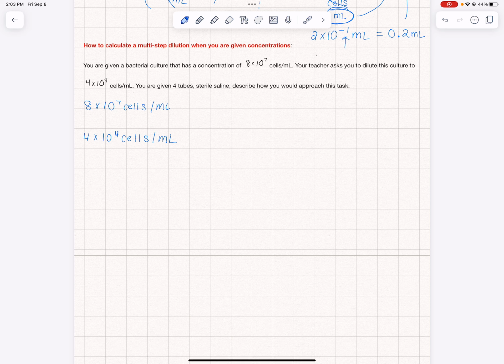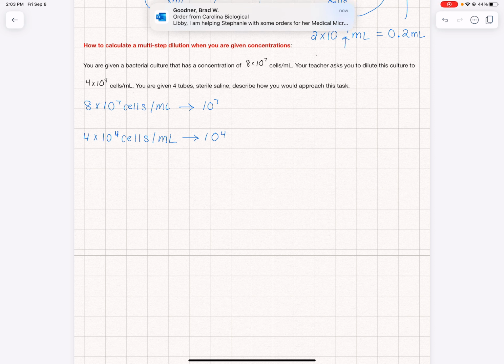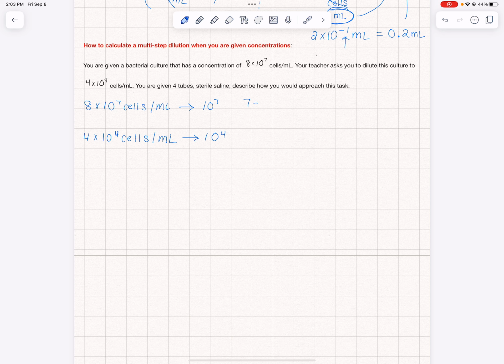So we have our starting concentration being 10 to the 7th, and then we have our final concentration being 10 to the 4th. Now, what I'm going to do is take my exponents and subtract them to determine the difference.